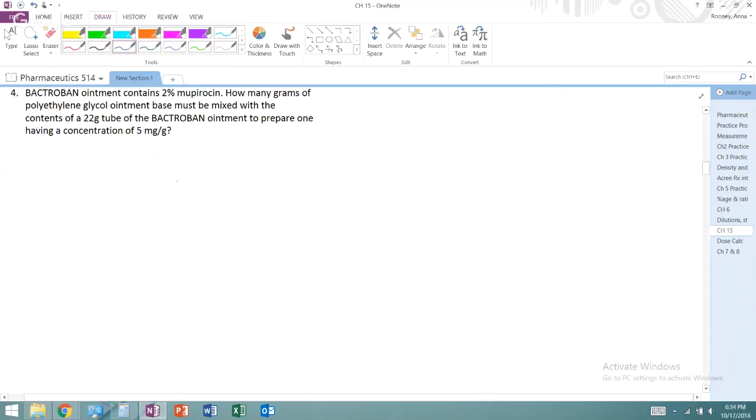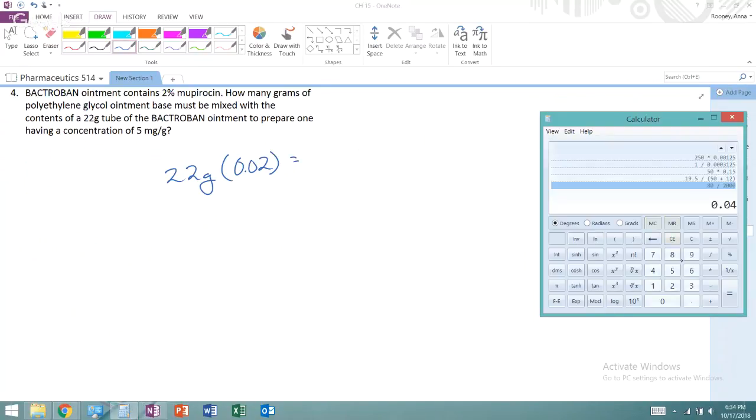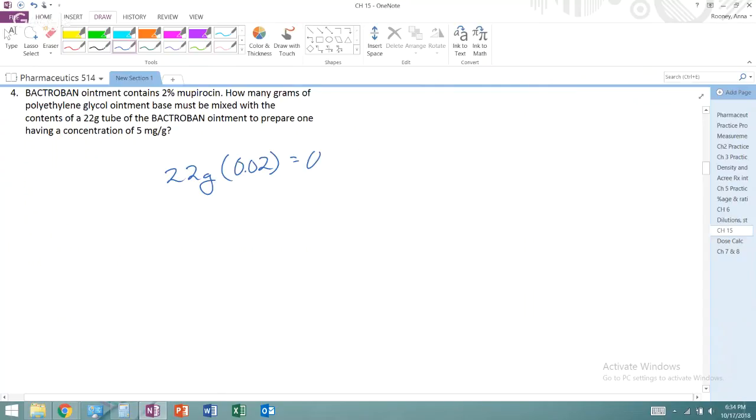So let's take 22 grams times 2%, all right, so then that would be 440 milligrams.